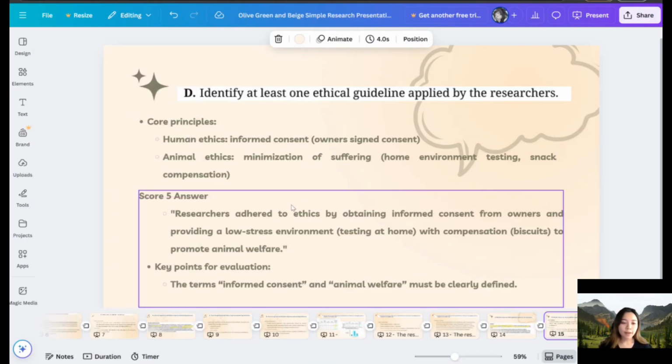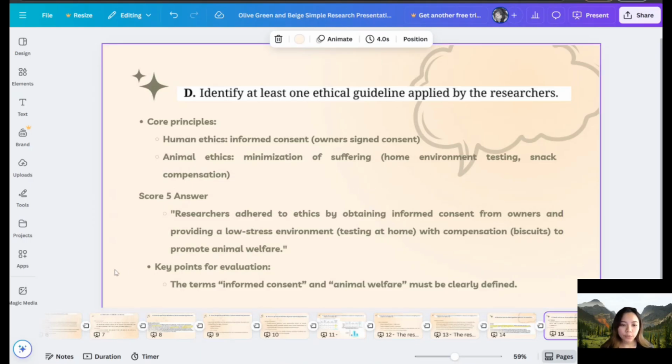So a score 5 answer for this specific question will be: the researcher adhered to ethics by obtaining an informed consent form from the owner and providing a low-stress environment, which is testing at home, with compensation, biscuits or dog treats, to promote animal welfare.